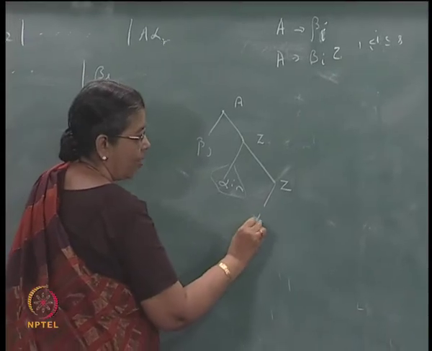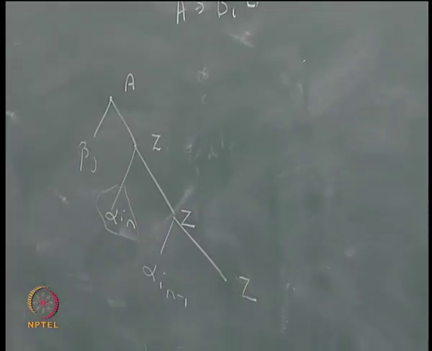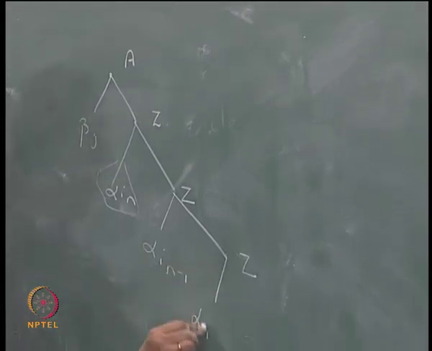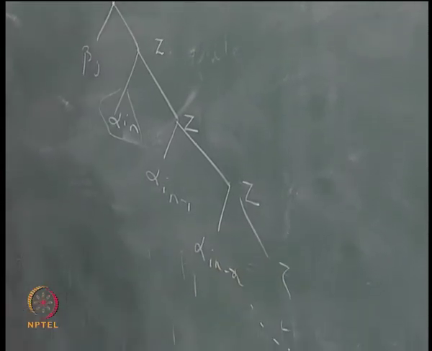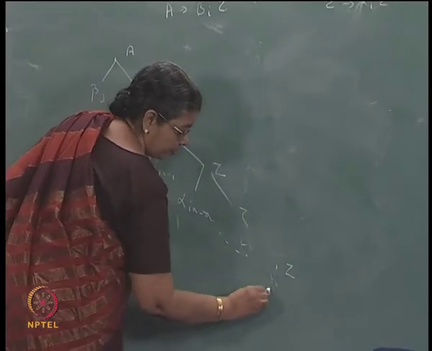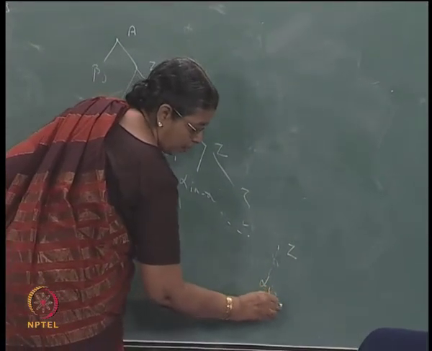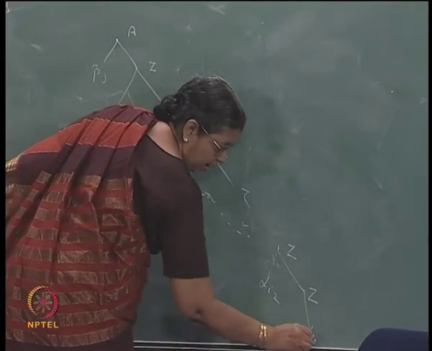Then alpha I n minus 1 Z, then again use the rule alpha I n minus 2 Z and so on, until you have Z goes to alpha I 2 Z, then Z will go to alpha I 1.